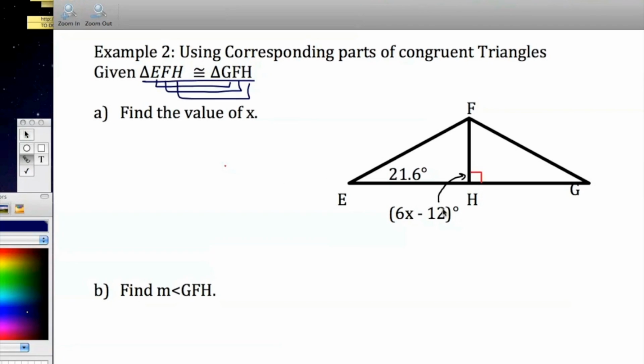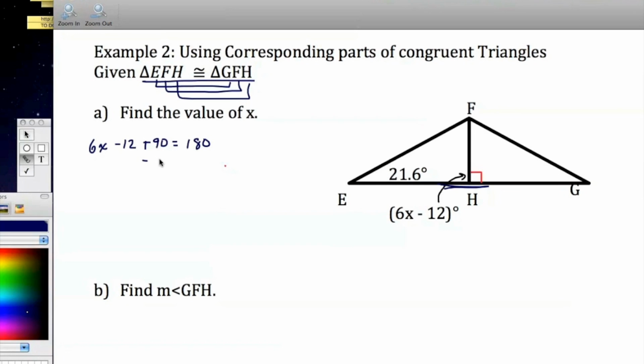So when I say to find the value of x, I'm going to use this diagram. Well, if this is a 90-degree angle here, and these form a linear pair, I know that 6x minus 12 plus 90 is going to be a straight angle.